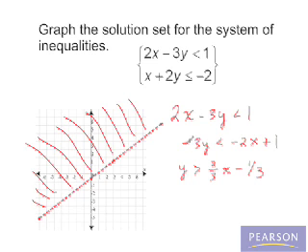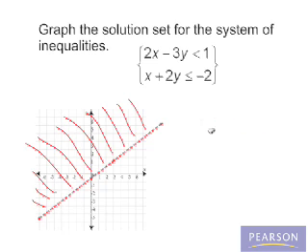Now we'll repeat this process for our second inequality. And our second inequality is x plus 2y is less than or equal to negative 2. And again, we will solve this inequality for y. So we'll start by subtracting x from both sides.